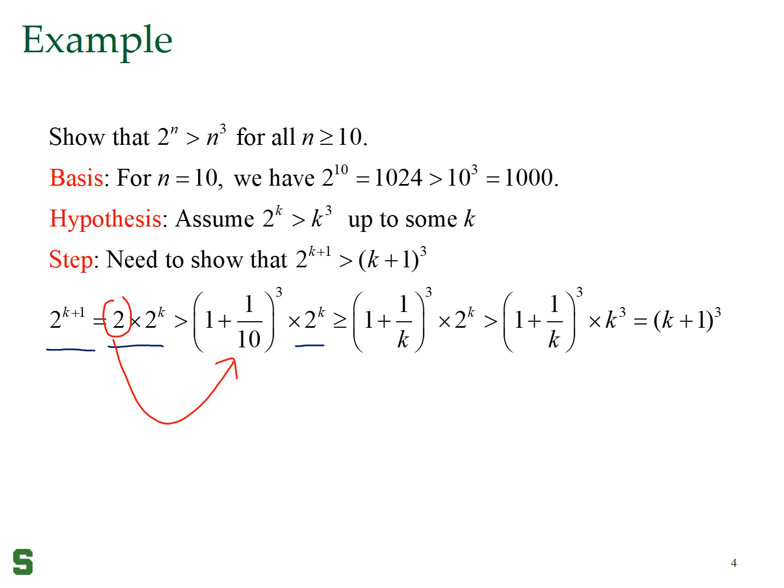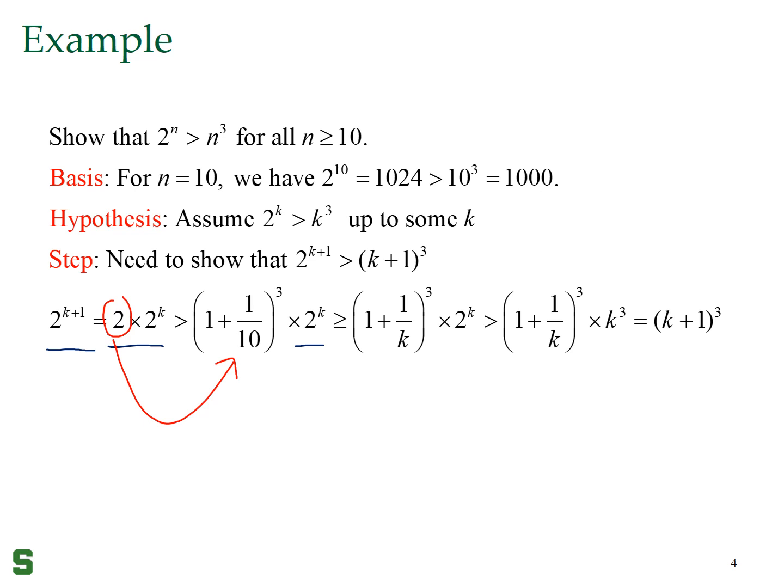Now where did this come from? This came from sort of an innovative idea that we needed to make so that we can find k cube and k plus 1 cube a relation.